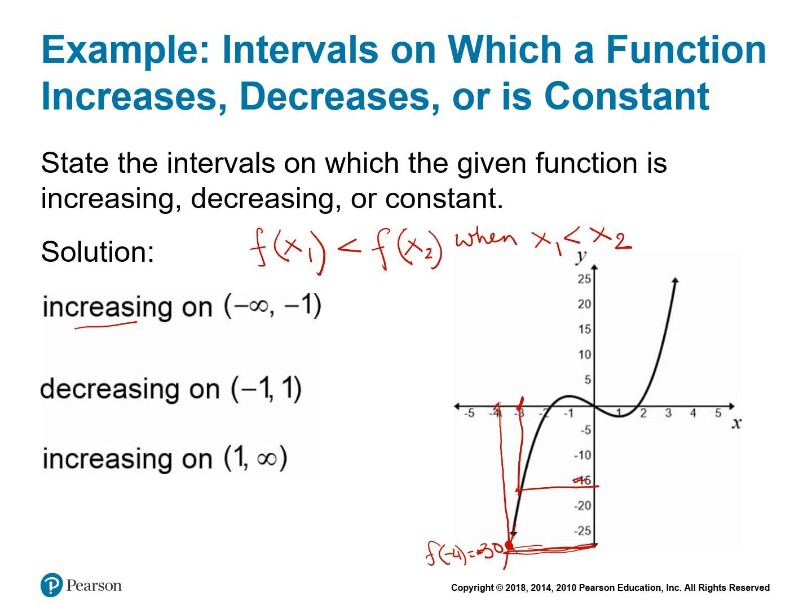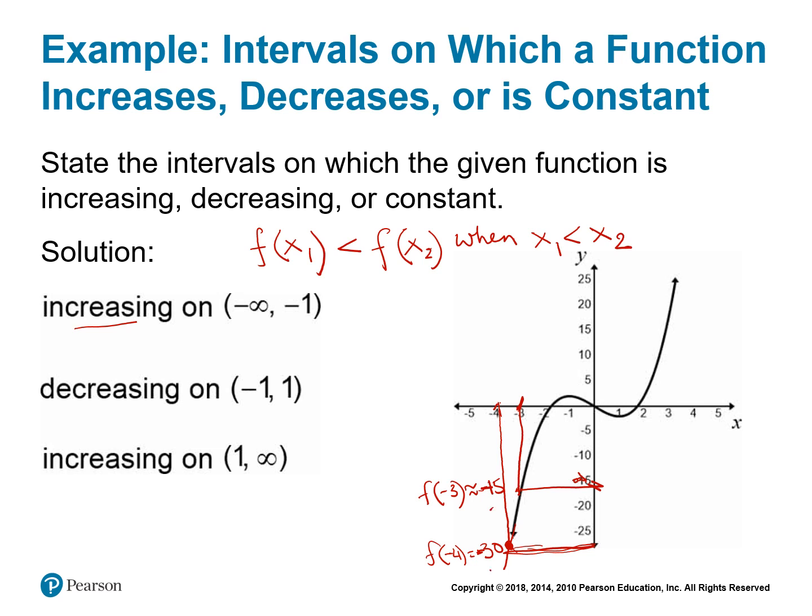Again, this is just a rudimentary, rough, not a properly scaled picture. So f of negative 3 is approximately negative 15. But the bottom line is that negative 30 is less than negative 15.